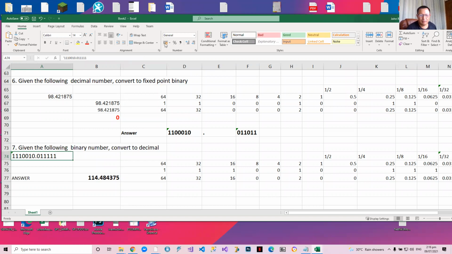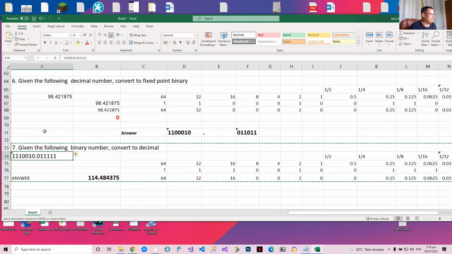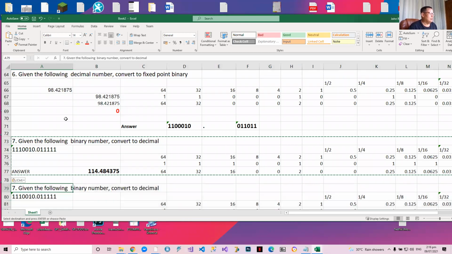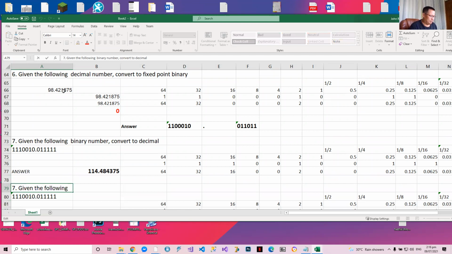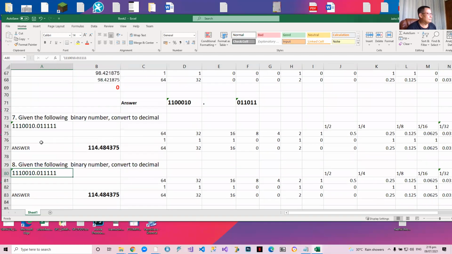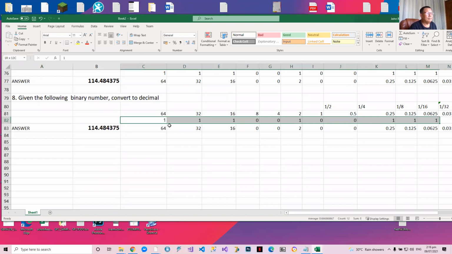I'll check your attendance again, no? Number 8. We copy this because this is the same worksheet. We need it for number 8, but the given value is different. Delete this first because we don't want to have an accident. And then we'll delete this.